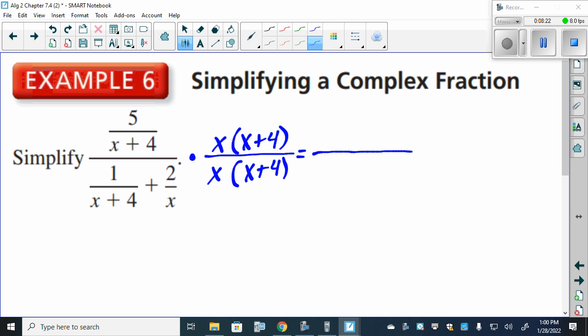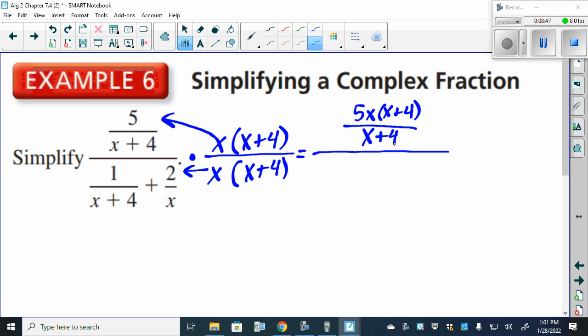So I do this here on top, because this whole thing is going to multiply by the numerators of the numerator and denominator of this complex fraction. So on top, we'll have 5 times x plus 4 over x plus 4.